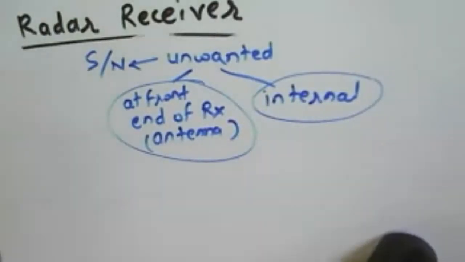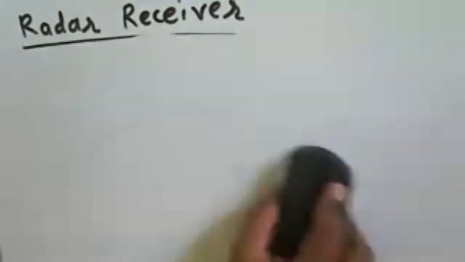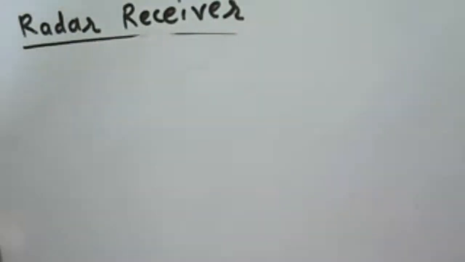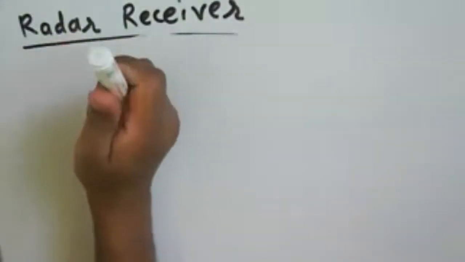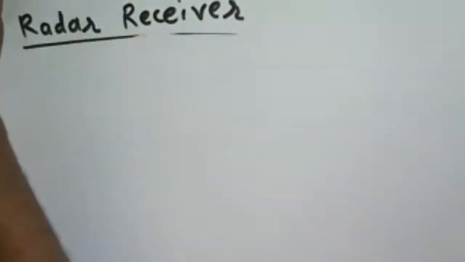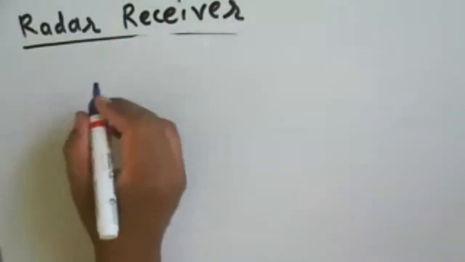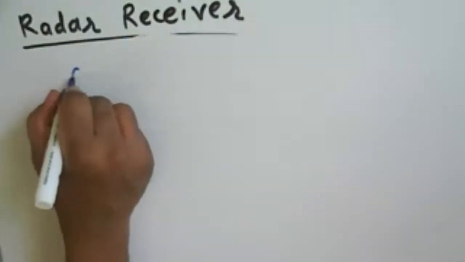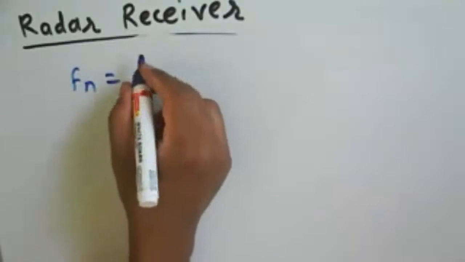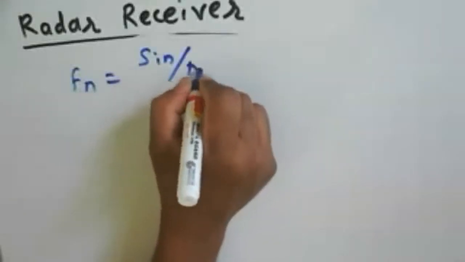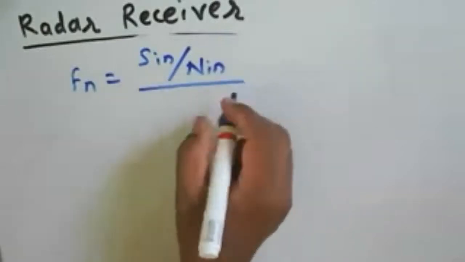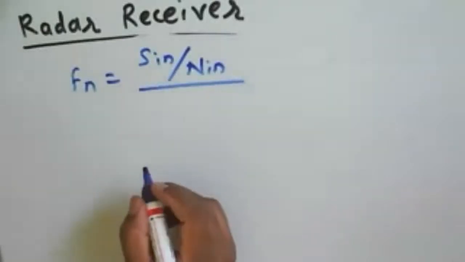The noise figure of a receiver is nothing but a measure of the noise produced by the receiver components, or we can say the noise figure Fn is equal to whatever noise is generated from the available input.